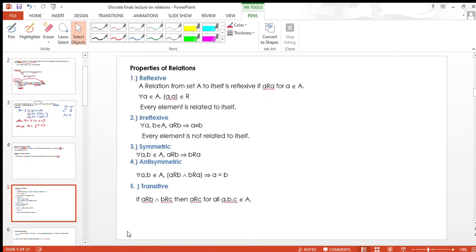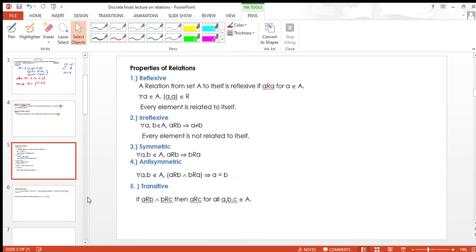Now, we also would be looking at the properties of relations. So we have what we call the reflexive property. A relation R from a set A to itself is reflexive. That is, if we get your element a, apply the open sentence to itself, okay.